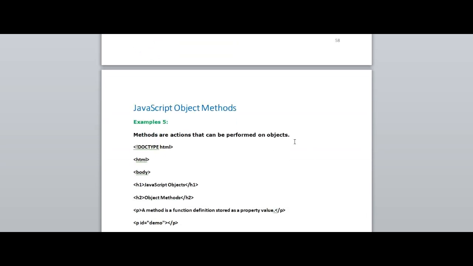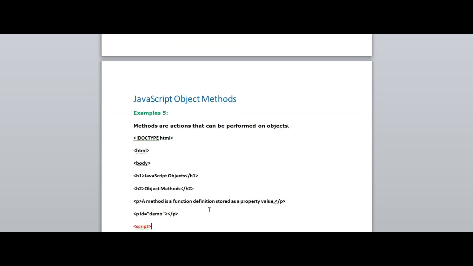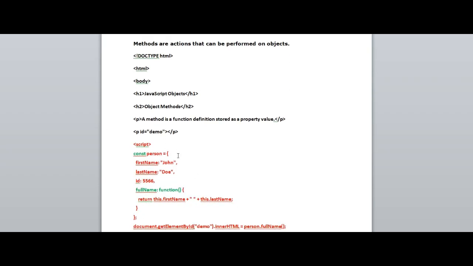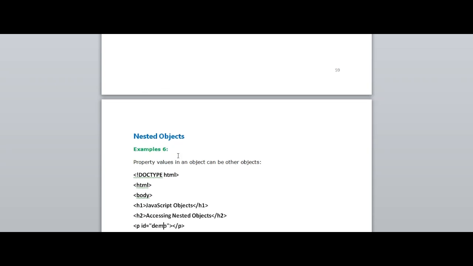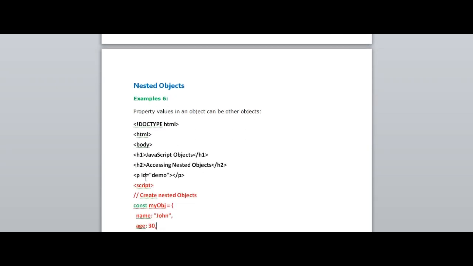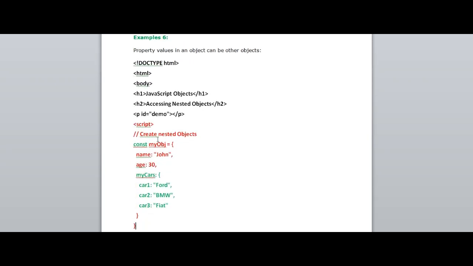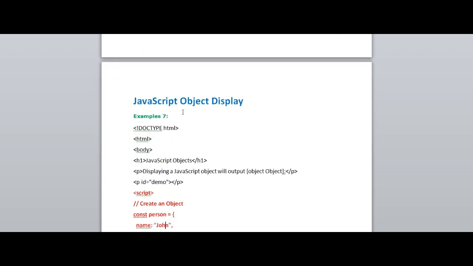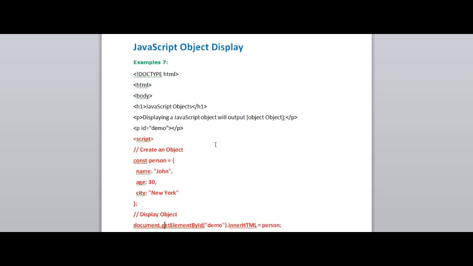Then we talked about object methods, how to use various operations in JavaScript. Then we talked about nested objects, an object within an object, where we talked about my objects and the cars, how we can display this code from this. We showed the function, then we finally reminded ourselves how to use JavaScript display. So that is what we have treated so far in JavaScript.